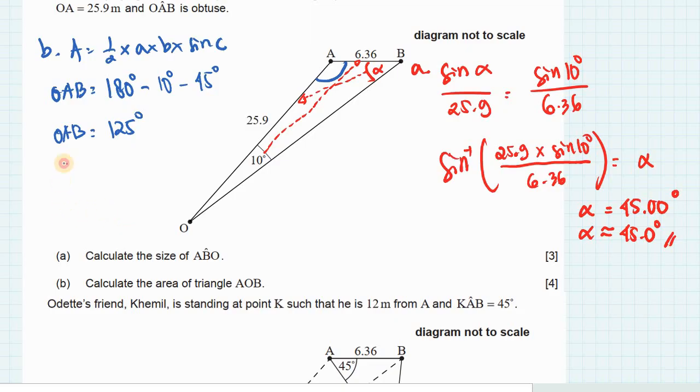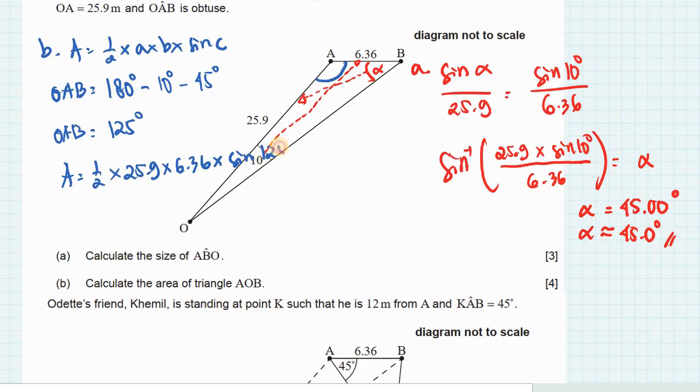Therefore, the area for question B is half times the two sides, which is 25.9 times 6.36 times sin 125 degree. Sorry, we don't have enough space.